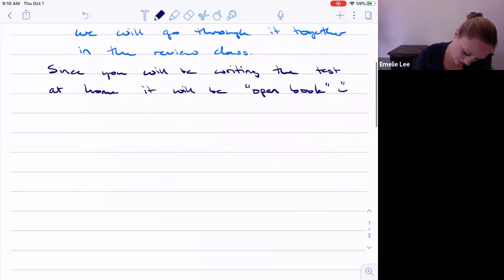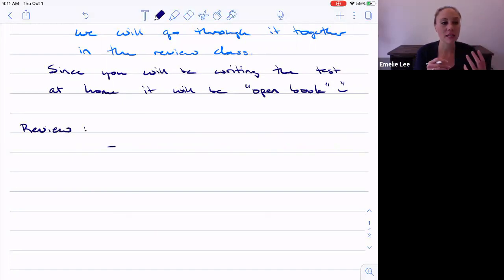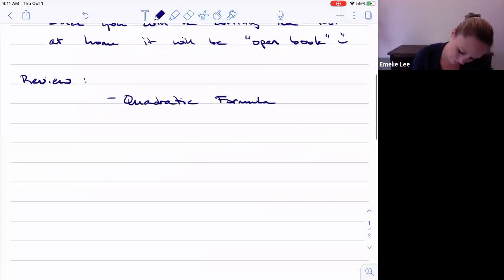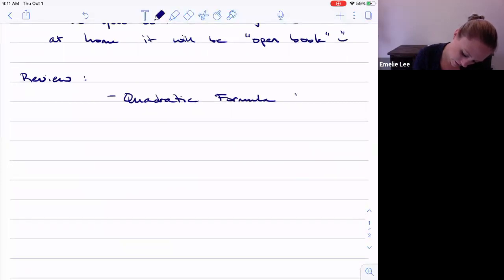So, we'll do a little recap of what we did last day. The main thing is we introduced the quadratic formula to be able to easily factor quadratics. We use the quadratic formula to solve quadratic equations.